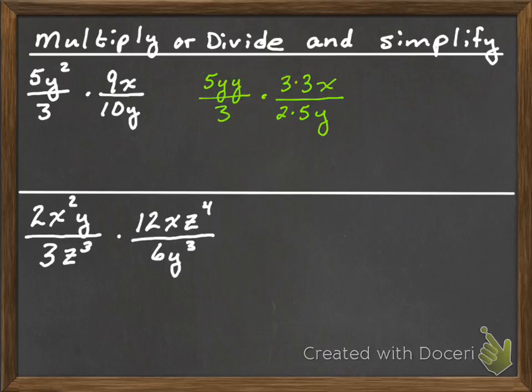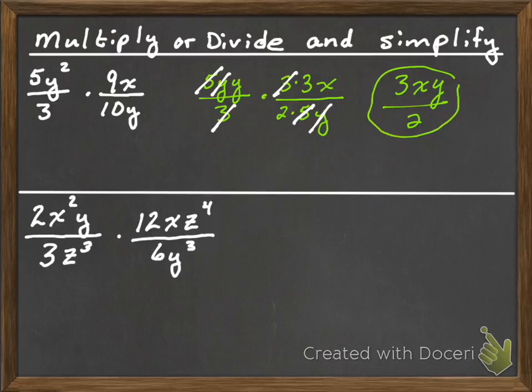All right, so this 5 is in the numerator, this 5 is in the denominator. They will cancel out. We have 1y in the numerator, 1 in the denominator. Those will cancel out. 3's will cancel out. And so that leaves us with 3xy over 2. And that is our simplified answer.